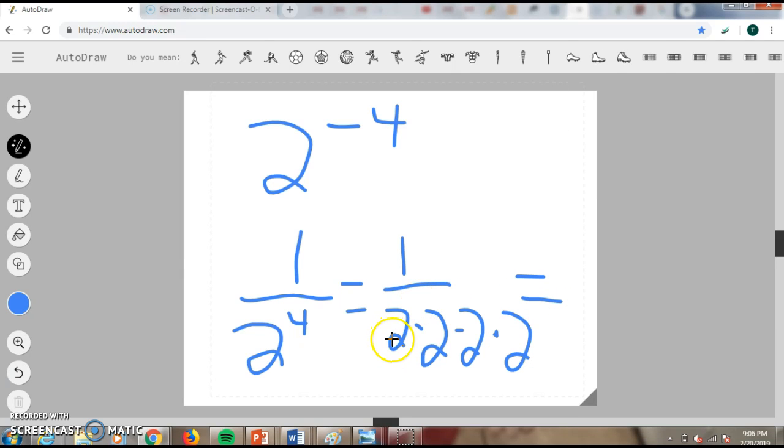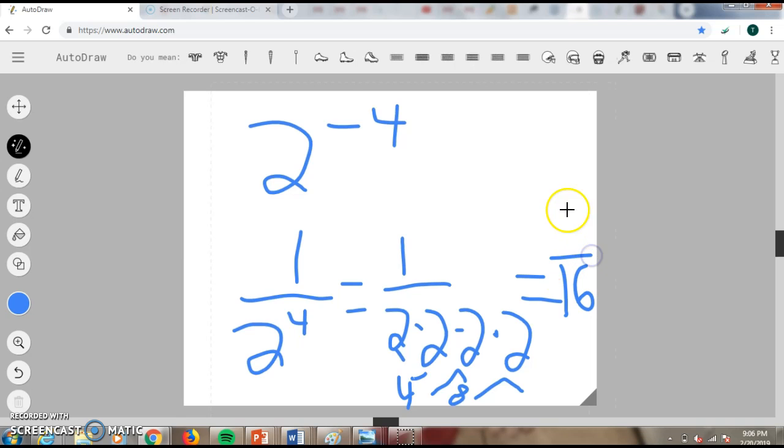So you would just multiply this out. So 2 times 2 would give you 4. 4 times 2 would give you 8. And then the 8 times 2 would give you 16. So your final answer would be 1 over 16.